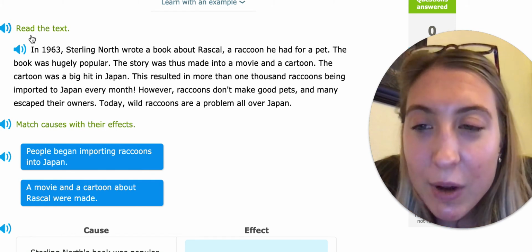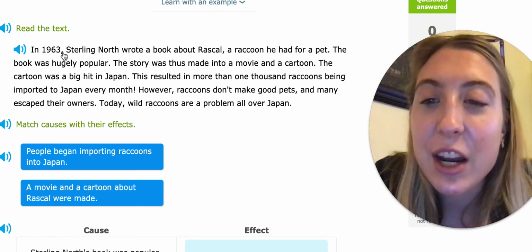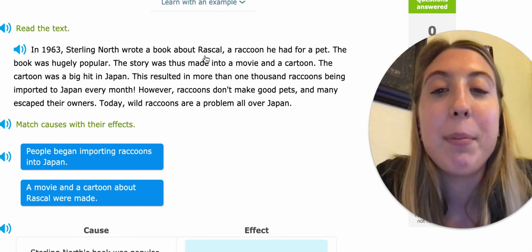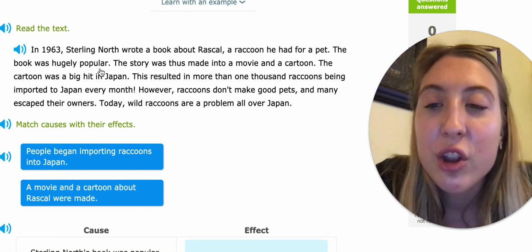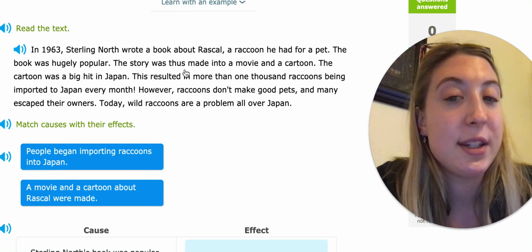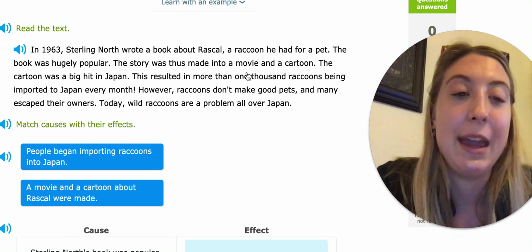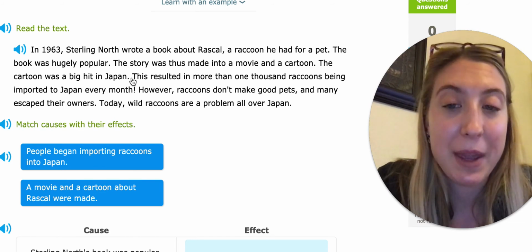So let's go. In 1963, Sterling North wrote a book about Rascal, a raccoon he had for a pet. The book was hugely popular. The story was thus made into a movie and a cartoon. The cartoon was a big hit in Japan.